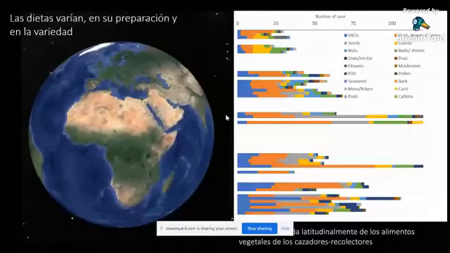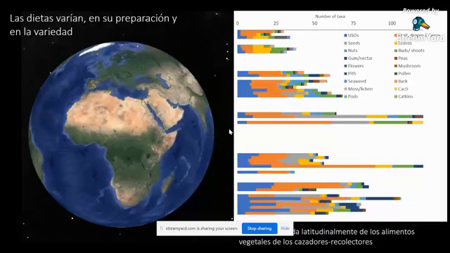So if we actually survey the diets of foragers and compare them latitudinally, we can see this incredible variation in diet, and also in different types of resources being used and how they're being used, with this very strong trend of increasing dietary breadth in more warm, more tropical environments.